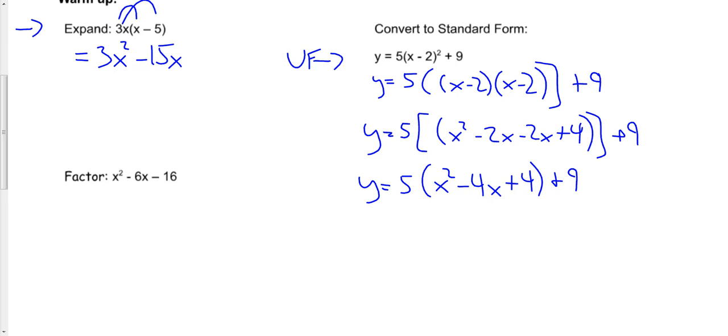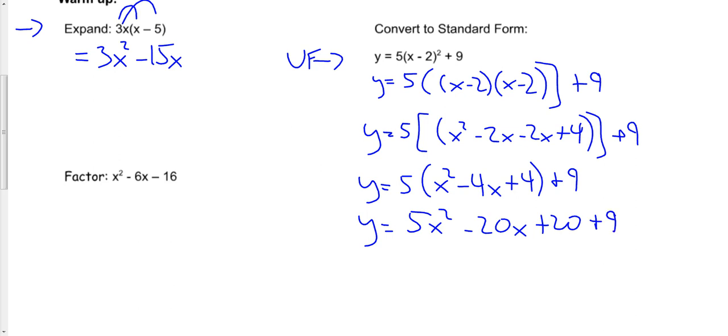So now I have 5 times everything in the bracket, so I'm going to use my distributive property. So I'm going to multiply 5 times x squared, 5 times negative 4x, and 5 times positive 4. So I'm going to end up with 5x squared minus 20x plus 20, and then plus 9.